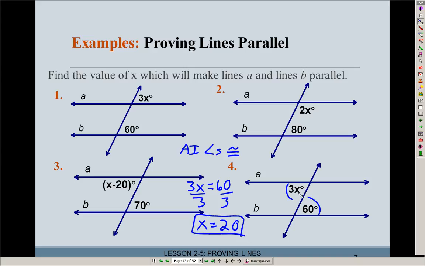When x is 20, these angle measures are the same, and when alternate interior angles are congruent, the lines are parallel. So when you have questions like this, make sure you determine whether the angles need to be congruent or supplementary. If they're congruent, make them equal each other. If they're supplementary, they need to add up to equal 180.